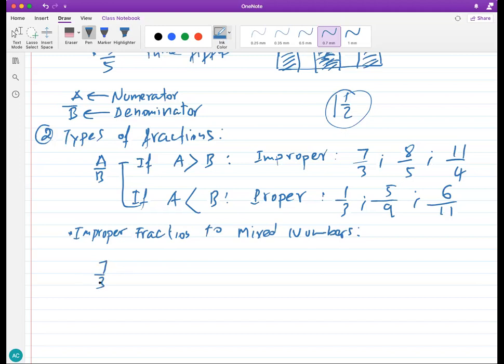Again, you can divide by 3, but 7 more than that doesn't make sense. So we see how many wholes we need in addition to some fraction. So we say 3 into 7. How many times is 3 going? 2. You make 2 a whole, and a lot of fraction. You bring over the same denominator. If 3 goes into 7 twice, which is 6, how much is left from 7?